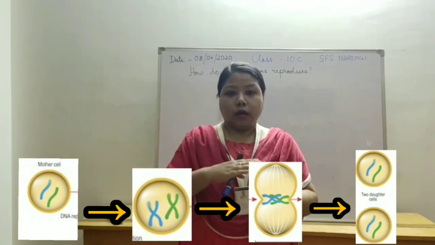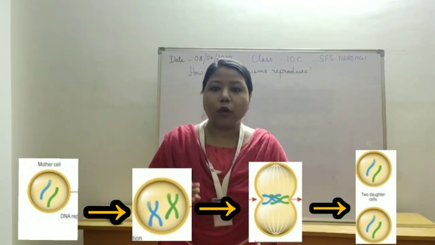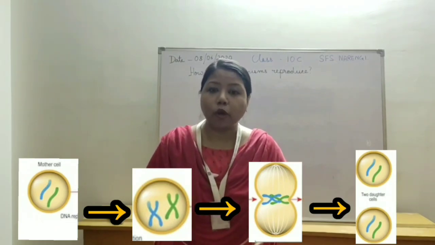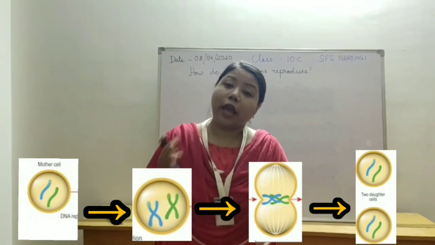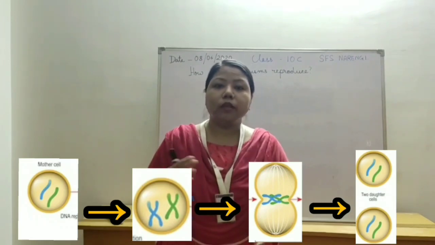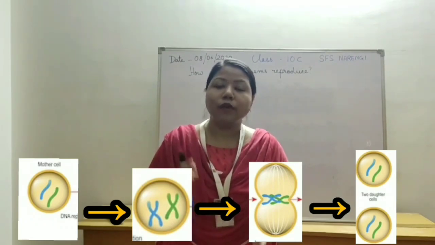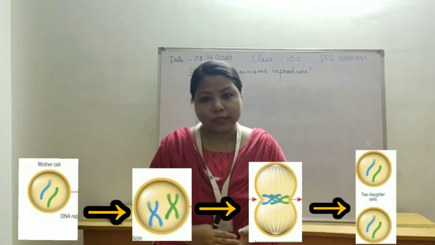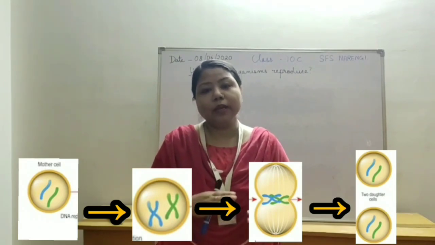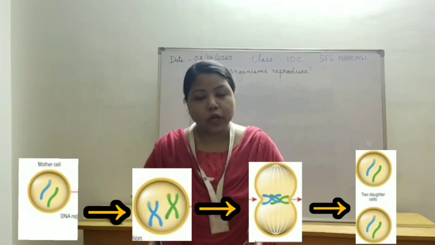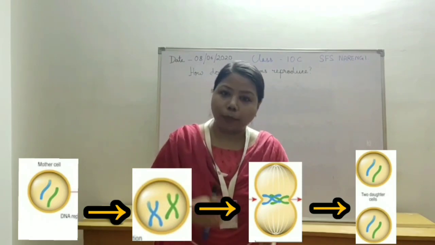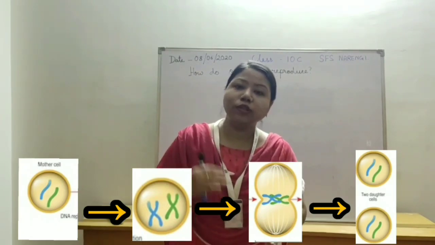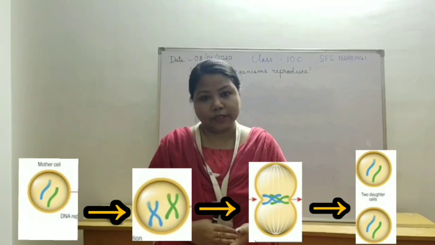So the separation or the creation of DNA copy should accompany with the creation of cellular apparatus, and then only it has to be separated so that each copy have its own cellular apparatus.